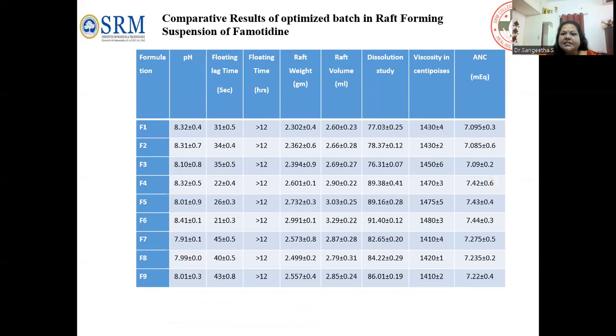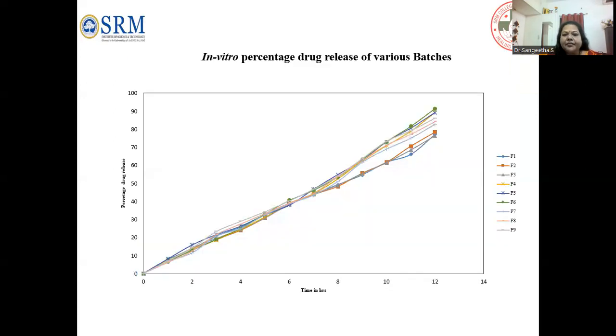So these are our results after preparation. All the results seem to be fine, but out of these, the F2 batch and F6 batch showed better results when compared to the other batches. Good drug content was observed, and also good percentage release.